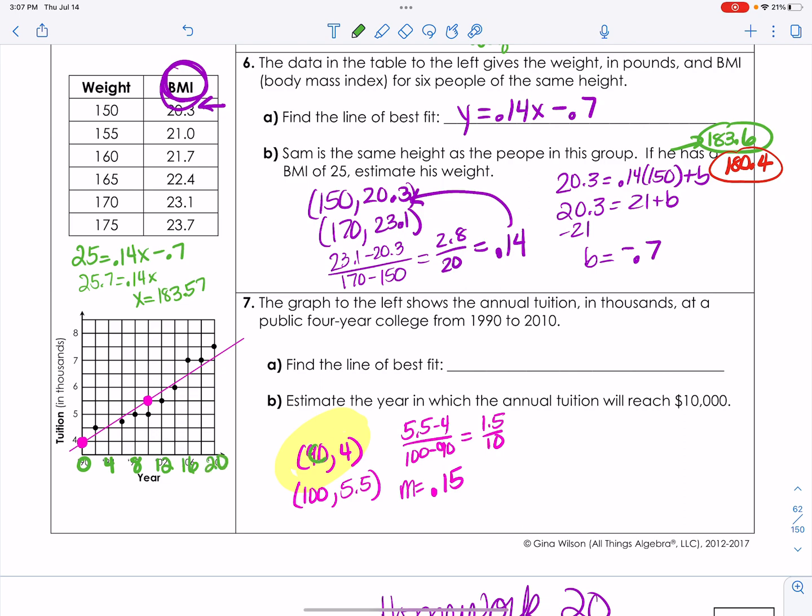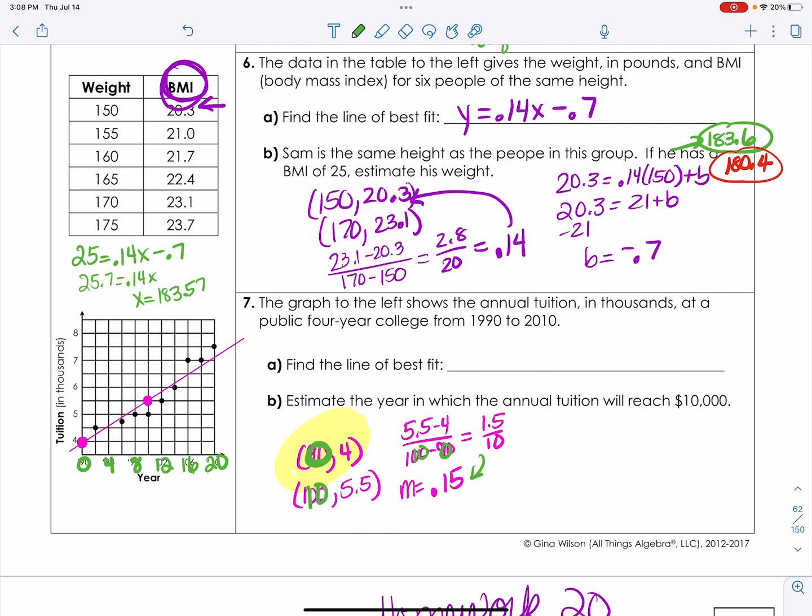It wouldn't change anything here. This would be a 0 and this would be a 10, and so when you do 10 minus 0, you would still get 10. So this is still the same answer. But it will help us better, because you don't really want to find the annual tuition in the year 1900, because there probably wasn't even that college.